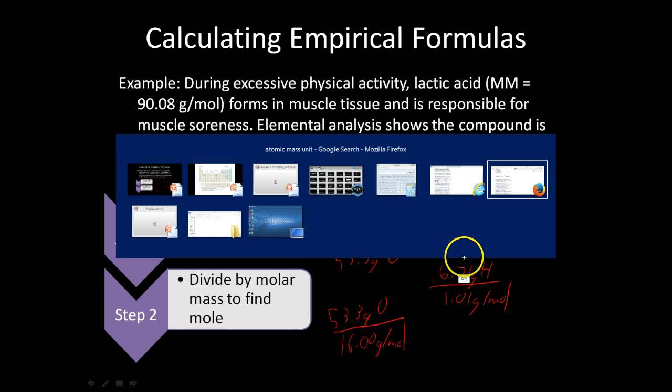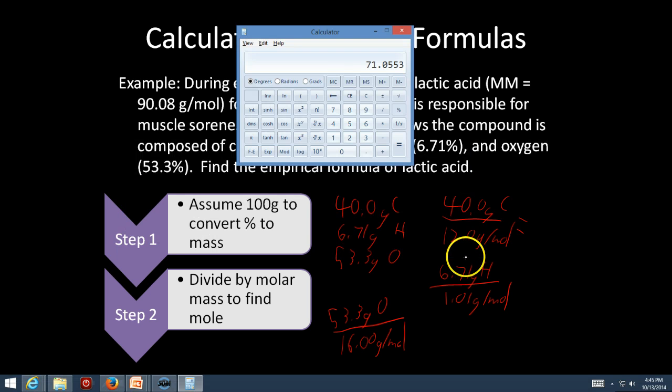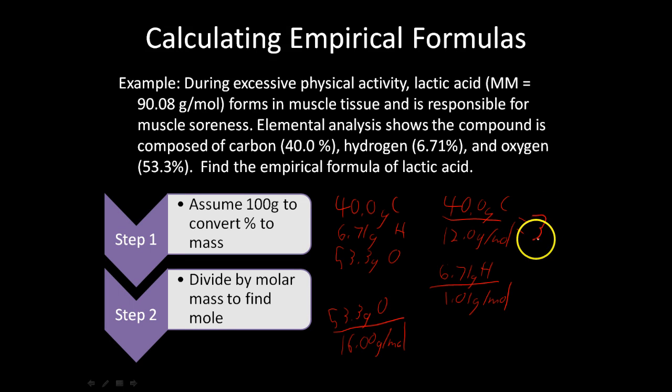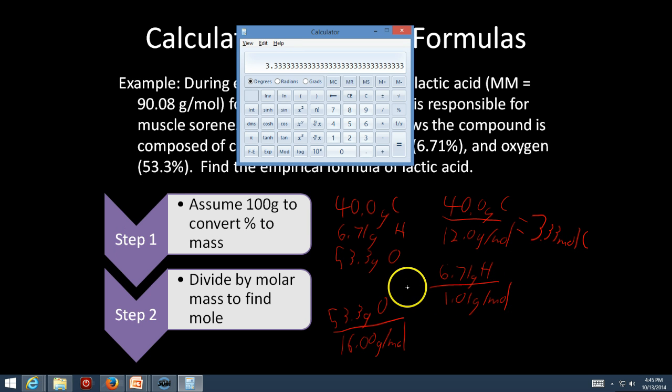So bringing up the calculator here, 40.0 divided by 12.0 to 3 sig figs would be 3.33. So let's write that down, 3.33 mole of carbon. And 6.71 divided by 1.01 would be 6.64 moles of hydrogen.